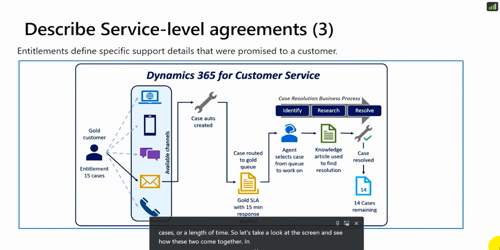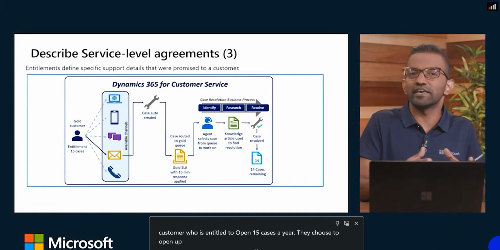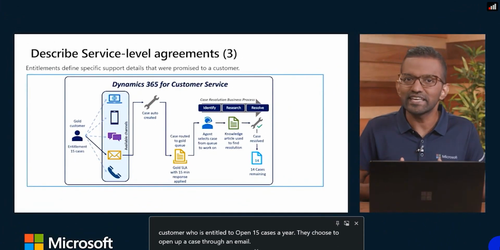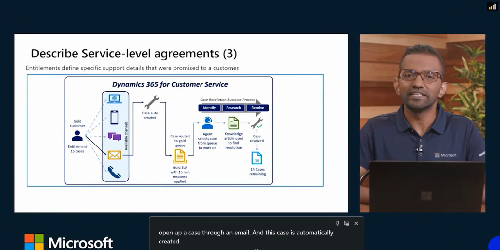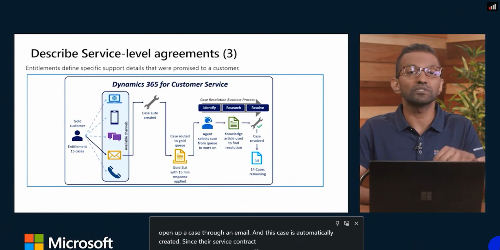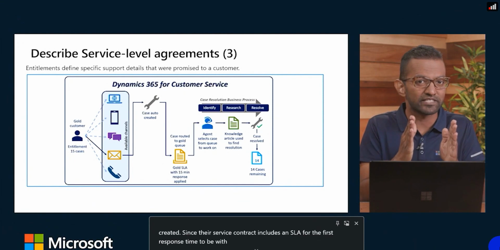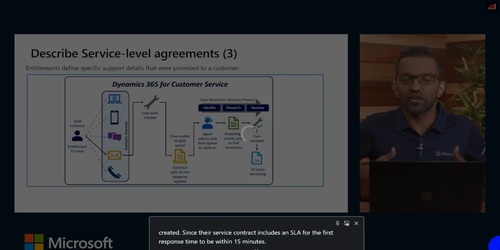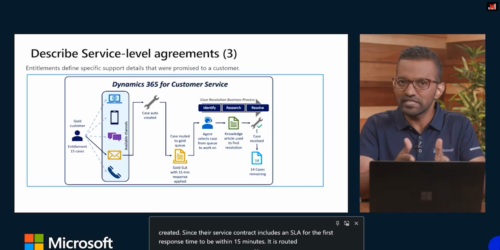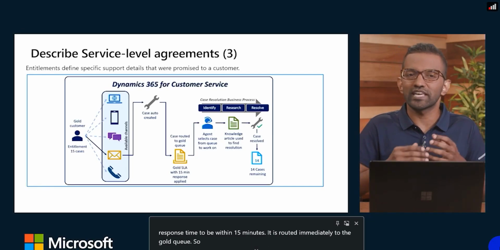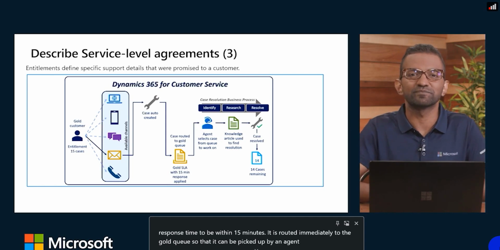In this scenario, we have a gold customer who is entitled to open 15 cases a year. They choose to open up a case through an email, and this case is automatically created. Since their service contract includes an SLA for the first response time to be within 15 minutes, it is routed immediately to the gold queue so that it can be picked up by an agent immediately.